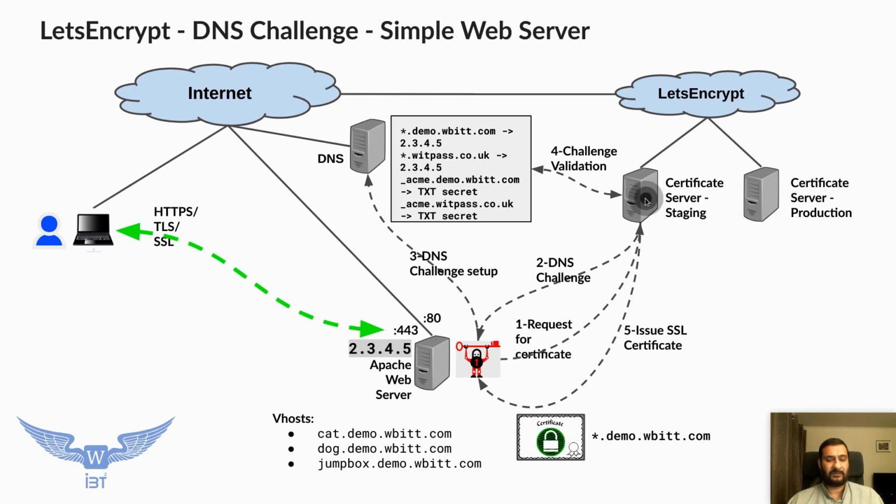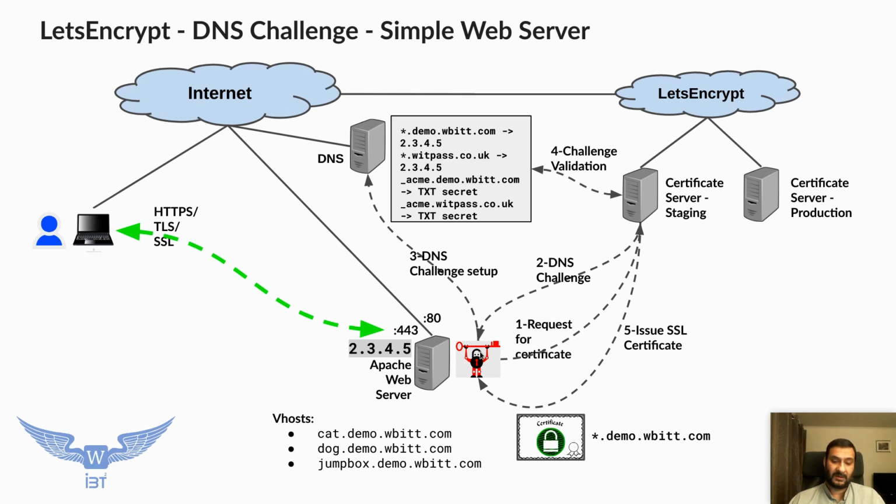The certificate server gives it a string and asks it to write it as a txt record in the related domain DNS zone file. The txt record should look like _acme dot whatever your domain name is, which is demo.wbitt.com. It should be a text record, and it should contain that secret which the certificate server has given to certbot.